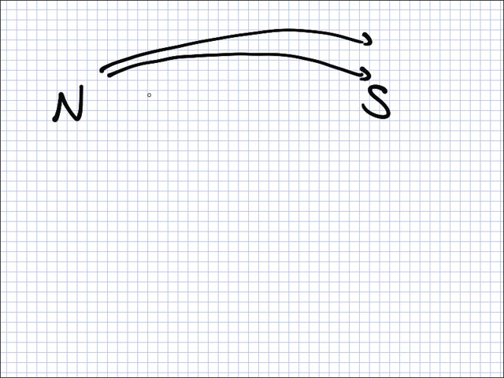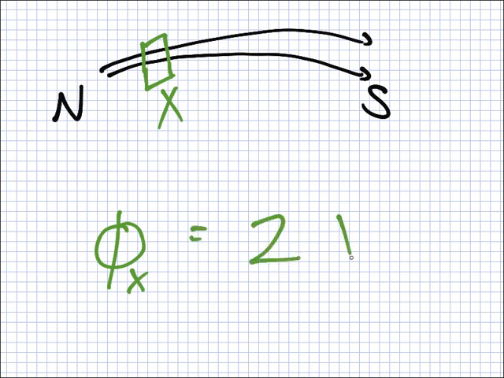Suppose I have north here and south here, and a magnetic field from north to south, and I'm looking at this piece of space. Let me call this X. The magnetic flux at X would equal 2 Webers, because I have 2 field lines.